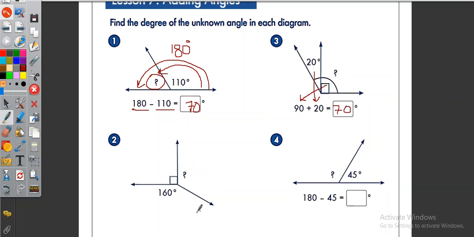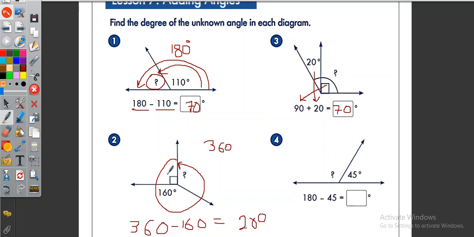What about this one? Okay, he needs to know this angle, but I know that all of this is called the full turn, which is 360. Okay, 360 minus 160, which is this angle, equals, yes, 200.